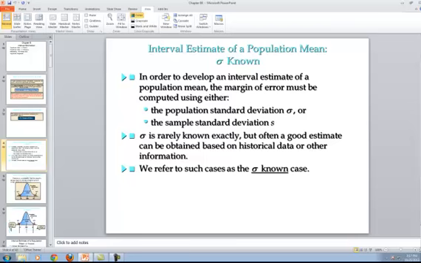Now, there are two ways to construct the margin of error. If we are lucky, we may know the population standard deviation, and we can use that. That is the case where sigma is known. But sometimes sigma is not known. But sometimes we can obtain good estimates for sigma based on historical data or other information. That is also considered consistent with the sigma known case.